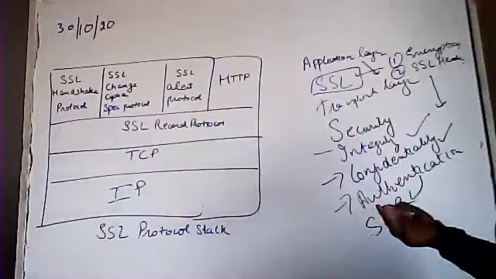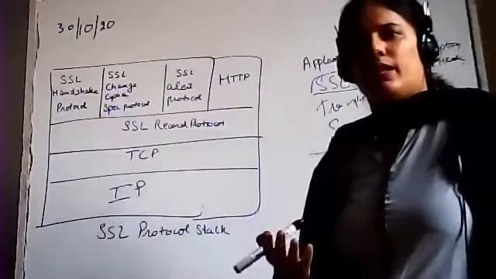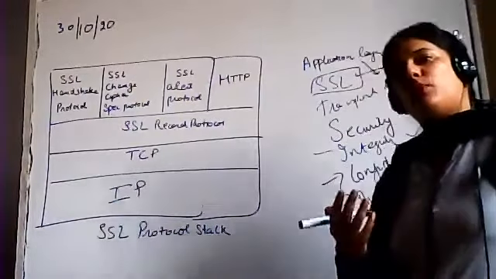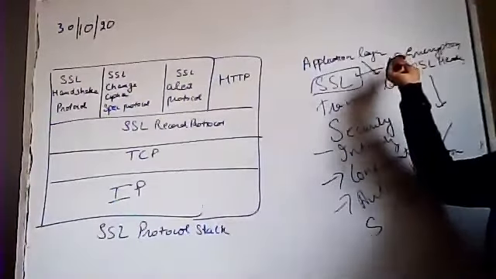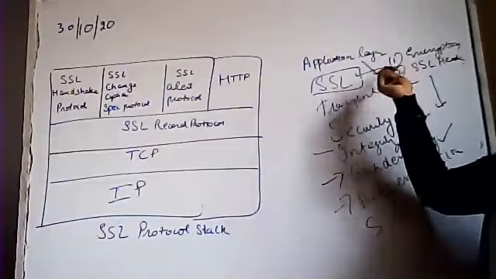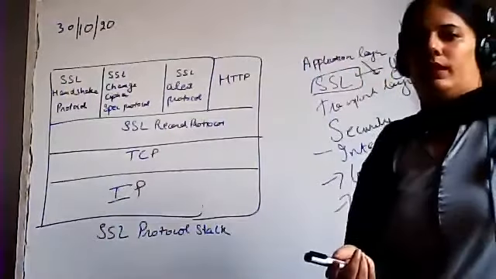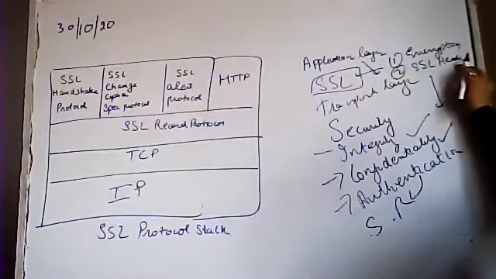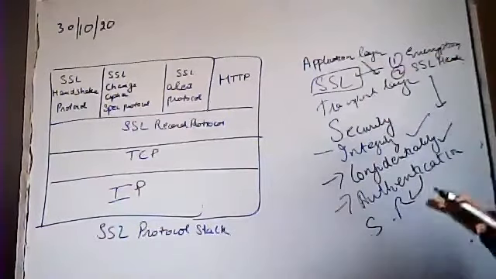Not going into so much detail, you just understand that the application layer will pass that data to the SSL layer. So what will the SSL layer do? It will first encrypt that data, and after that it will add that SSL header format over it.